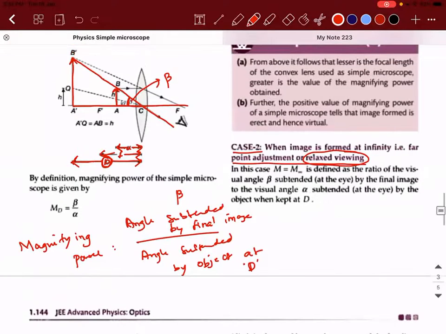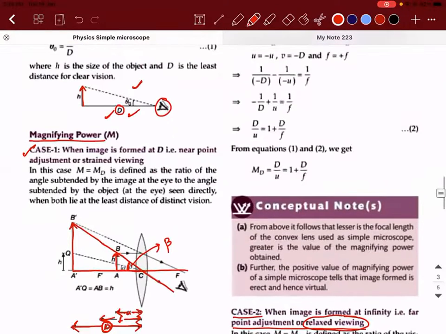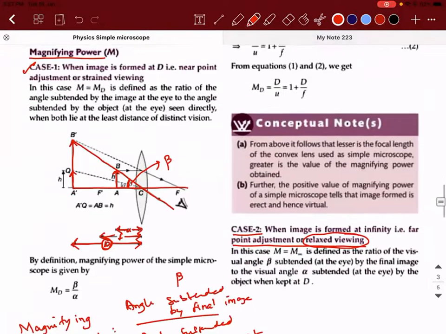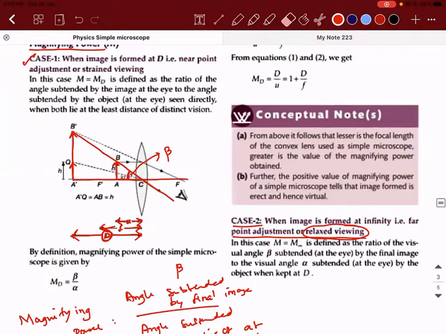Now see, what is alpha then? Alpha is the angle subtended by the object when it is kept at least distance of distinct vision. If I take the projection of the object onto the image, this will be the height subtended by the object on the image.